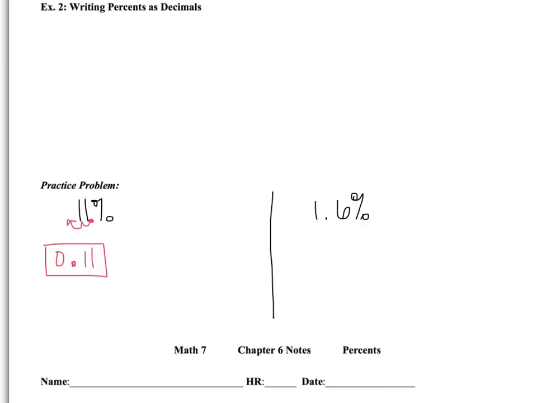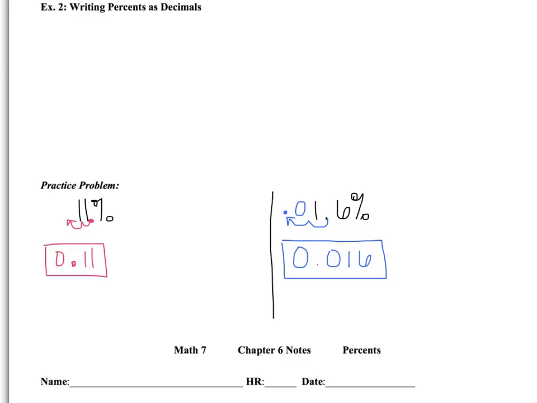Once I change it from a percent to a decimal, I'm done with the percent sign, and it just goes away. Okay, let's do 1 6/10%. Then my decimal's written there, so I'm going to move it two places to the left, fill in my place with the 0, and then I have 16 thousandths as my equivalent decimal to 1 6/10%.